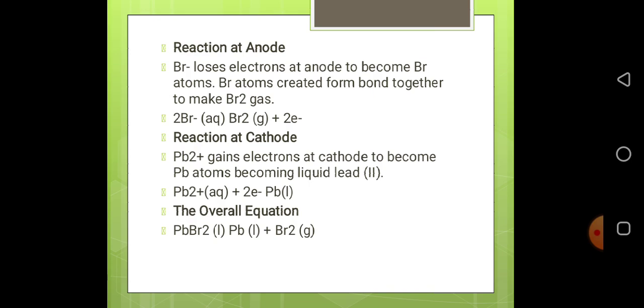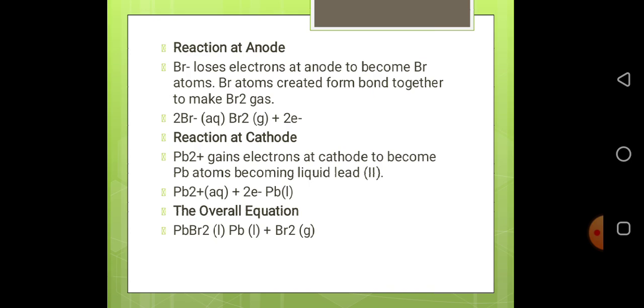So the overall reaction is the reaction taking place at the cathode and the reaction taking place at the anode matched together. At the anode, the reactant is 2 bromide ions, and the products are bromine plus 2 electrons. At the cathode, on the reactant side we have Pb2+ plus 2 electrons to give a lead atom.